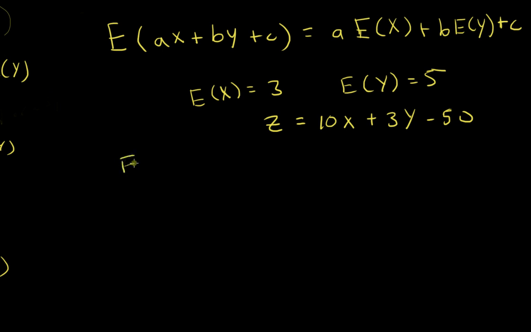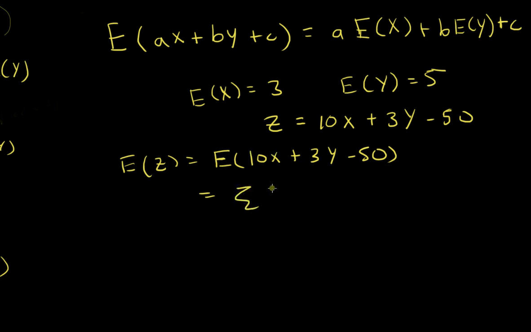And now they want you to find the expected value of z. Well, now you can do that because this is going to be the expected value of 10x plus 3y minus 50, right? If you found each of these pieces, there's no need to pull out the joint distribution, and there's no need to do it this way.